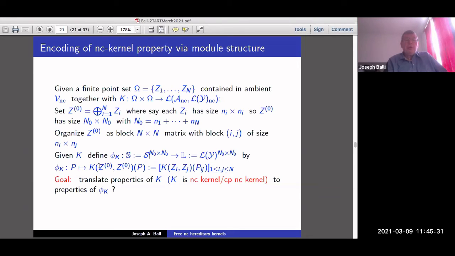The only thing you plug in the arguments of K are Z naughts, and you evaluate that on P. Then by the preserves direct sums property, you get this block matrix for the answer.